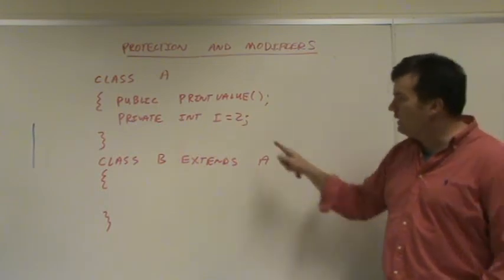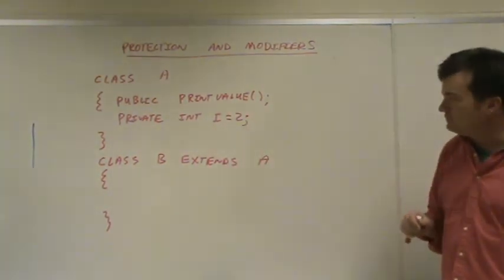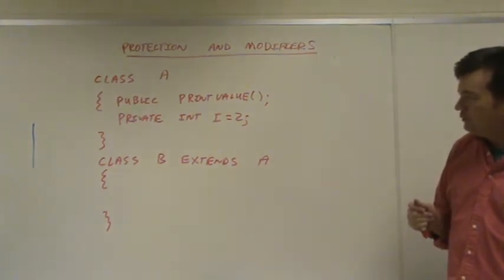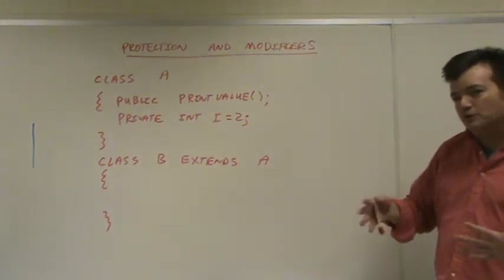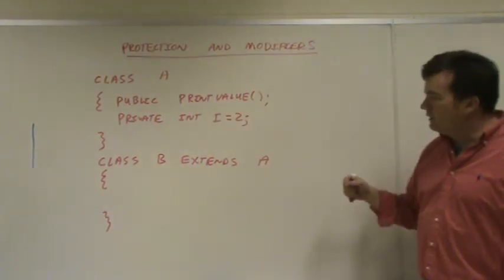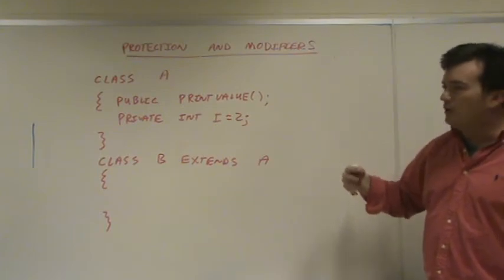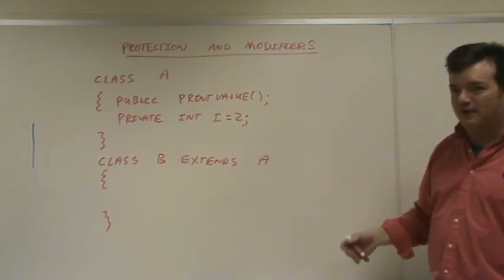Suppose the way we decided to represent a ratio was using integers, maybe in the future we'll switch it to longs, but we don't want the outside world to have access to that.